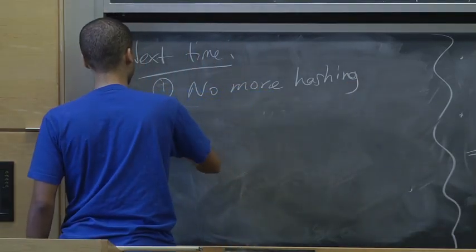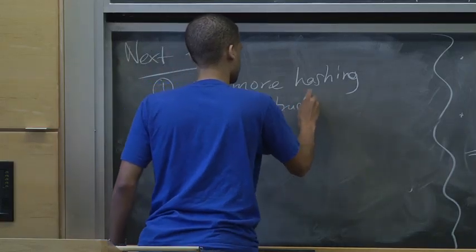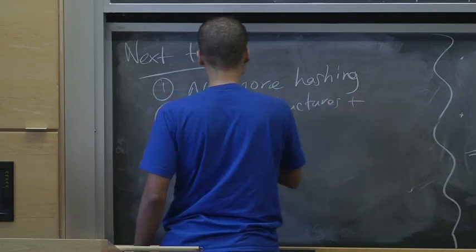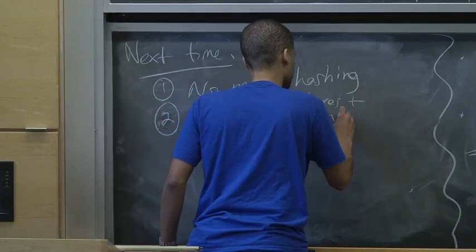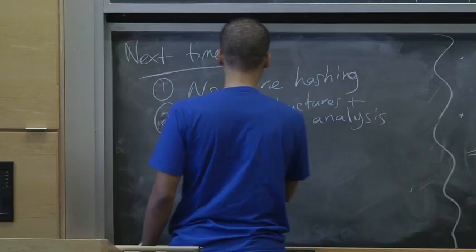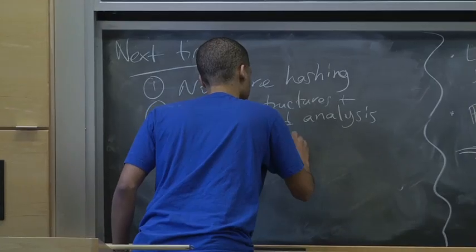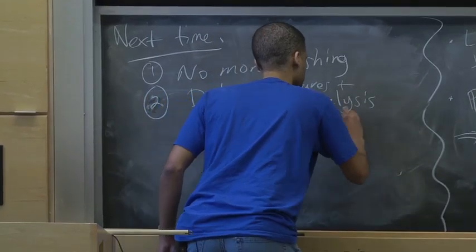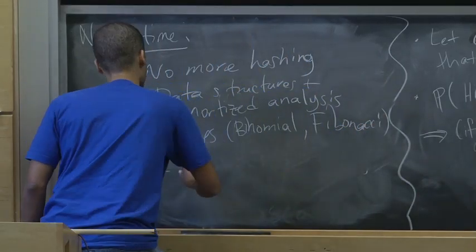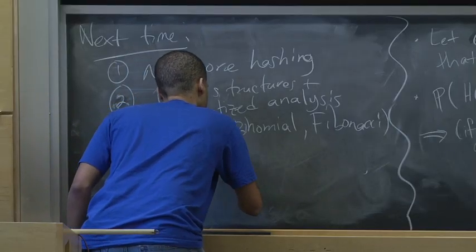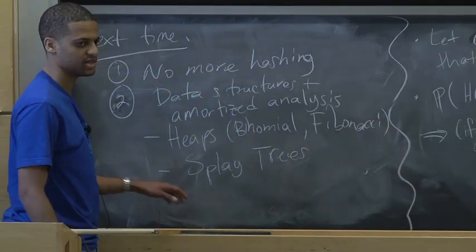And two, we'll look at data structures and amortized analysis. We'll look at heaps, so binomial heaps, as well as Fibonacci heaps. And we'll look at, for example, splay trees. So we'll probably see heaps on Thursday and splay trees next week.